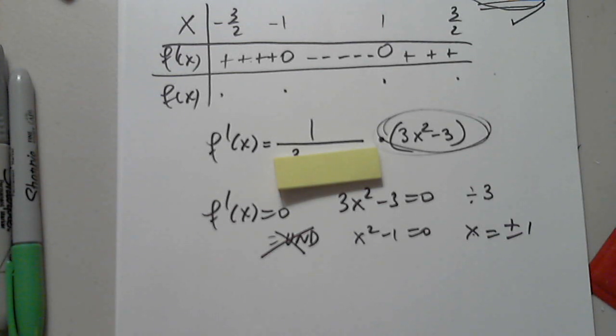And I only care about these four numbers, negative 1.5, 1.5, negative 1, 1, and 1.5. And I copy them in the table.